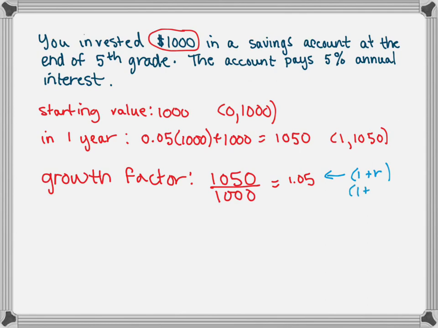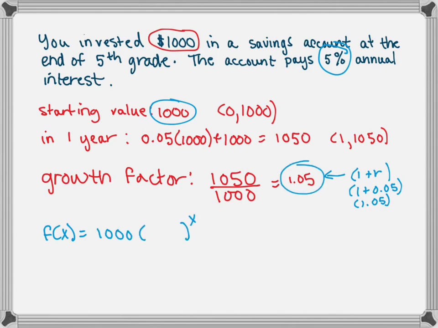So 5% as a decimal is 0.05. So 1 plus 0.05 is the 1.05 that we found by looking at our outputs. So our function is f of x equals, our starting value was 1,000, and our growth factor is 1.05, and it's raised to the x power.